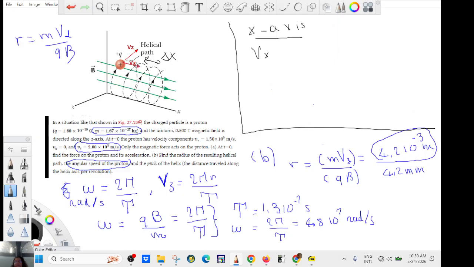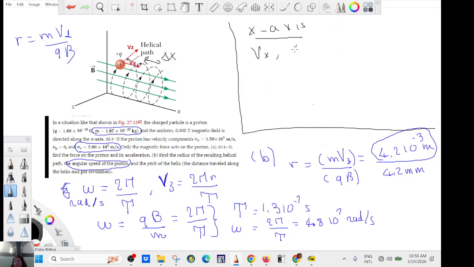During the time t, the period, it goes around and comes back, from top to top. That will be the period. During that time, it's moving forward by delta x.